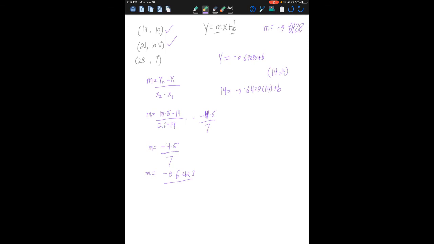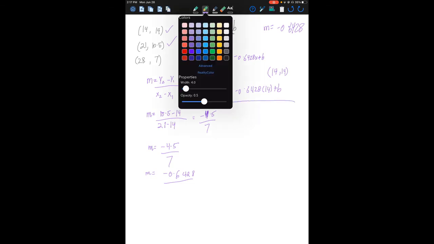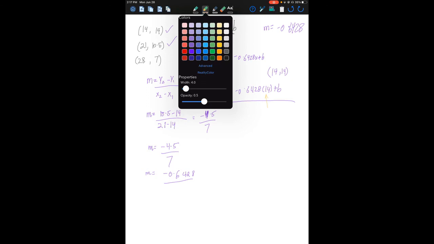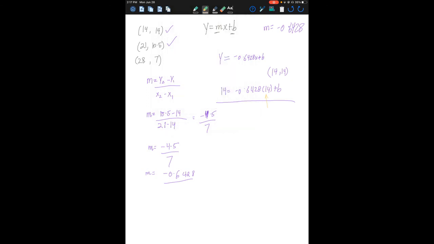Now we have this, and we specifically need to change this to 0 to get the b. So we change it to 0. What are we left with? b. b is 14. So the y-intercept is 14.